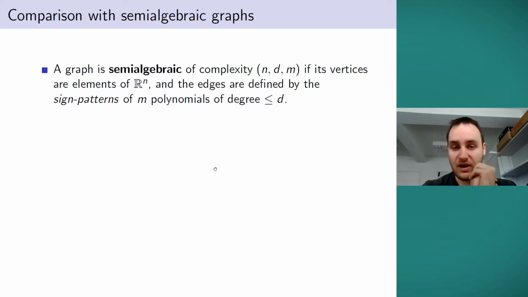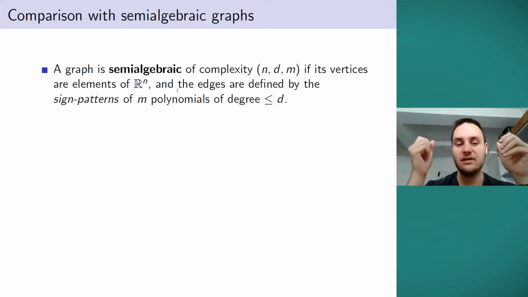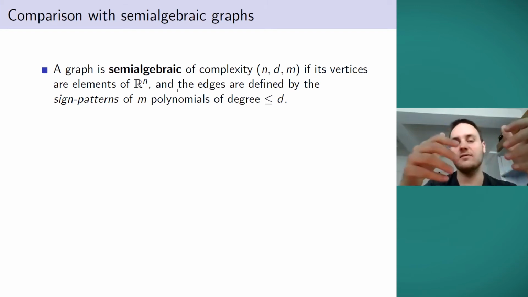We say that a graph is semi-algebraic of complexity n, d, m if the vertices are elements of the n-dimensional real space, and the edges are defined by the sign patterns of m polynomials of degree at most d. So now the difference between algebraic and semi-algebraic is that we restrict our attention to the real space, but instead of zero patterns, we actually look at sign patterns of polynomials. So when we evaluate the polynomials, we care about whether this number is negative, zero, or positive.